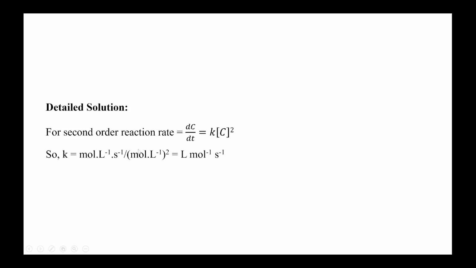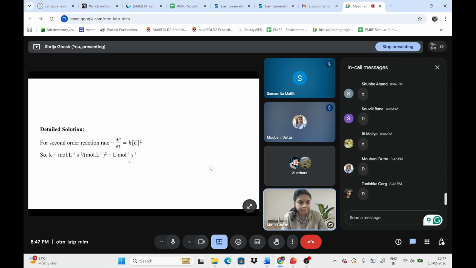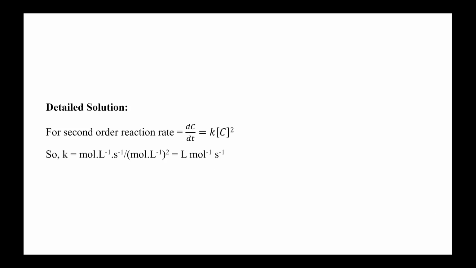Just solve for this. One mole per liter will get cancelled by one of the moles per liter. Liter inverse will become liter, mole will become mole inverse, and per second will remain as per second. So liter per mole per second. I hope this is also clear to everybody.